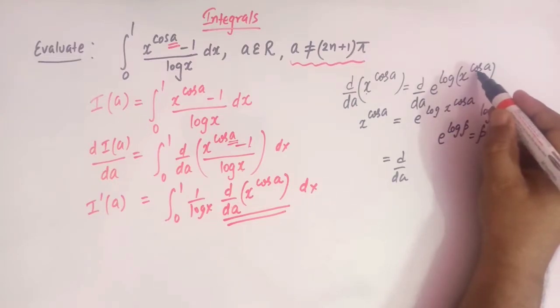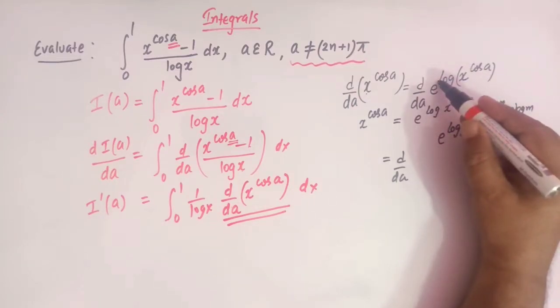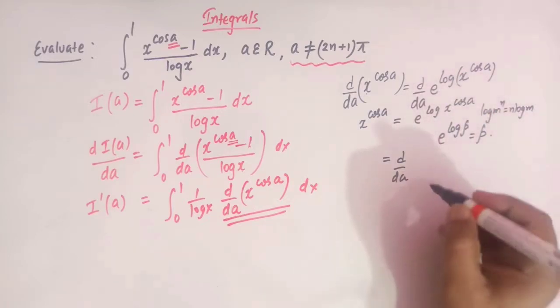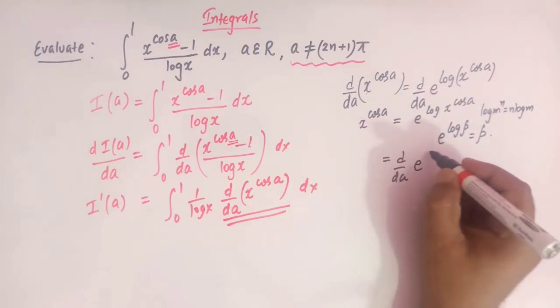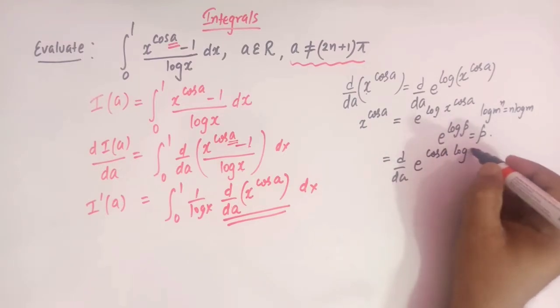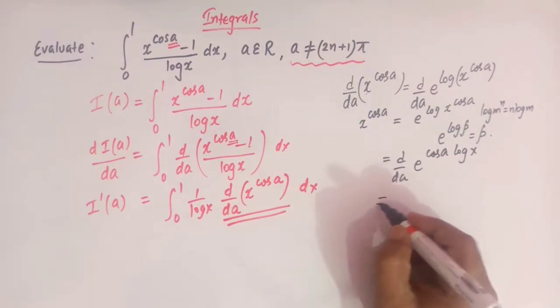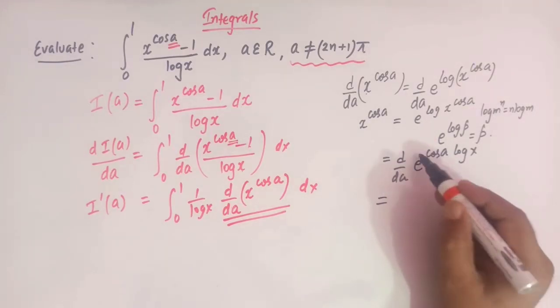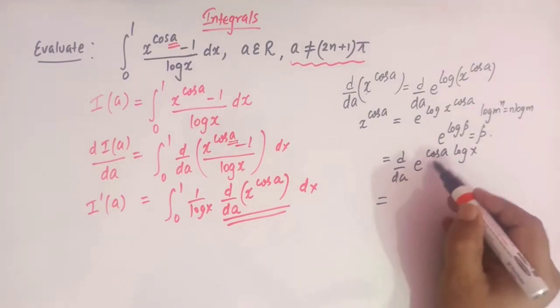So we'll take cos a in front of the log sign, so we have e raised to cos of a times log of x. Now we have to differentiate this exponential function.